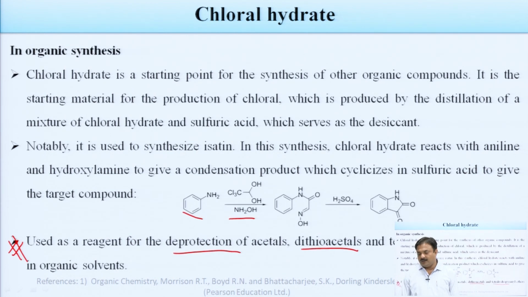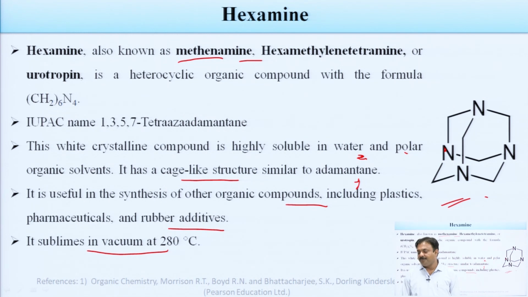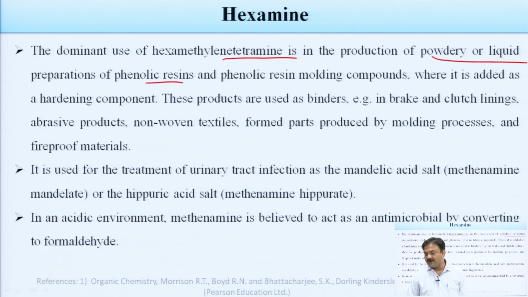Then coming to hexamine, also known as methenamine, hexamethylenetetramine or urotropin, these are synonyms of hexamine. It has a cyclic cage-like structure, and it is used as an additive in many organic reactions. It provides strength to many polymers like phenol resins and urea resins.